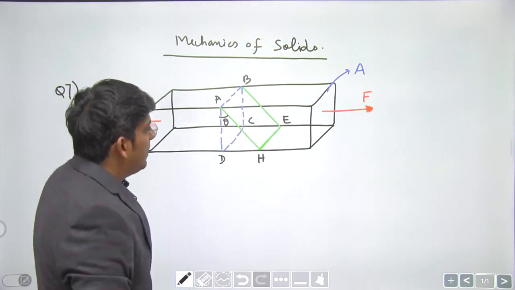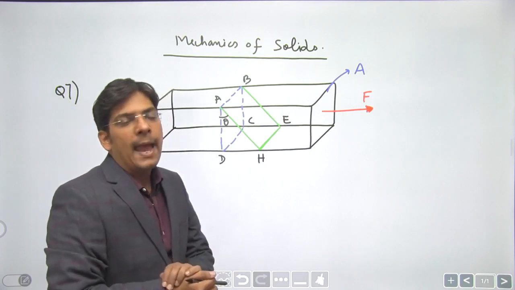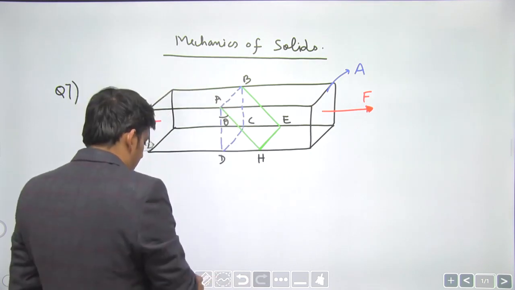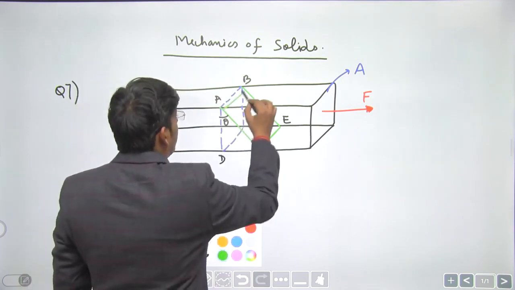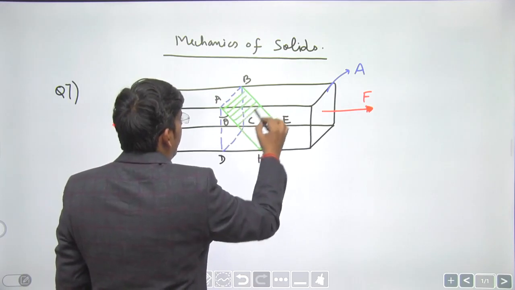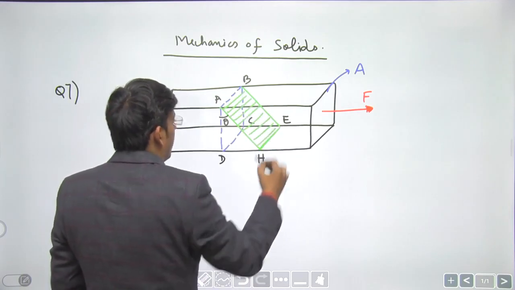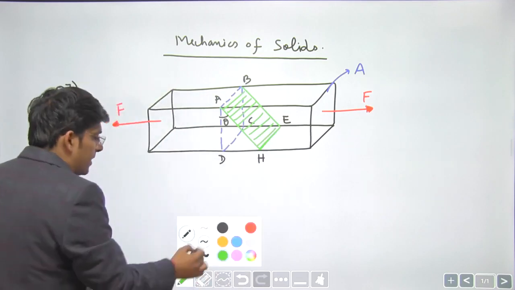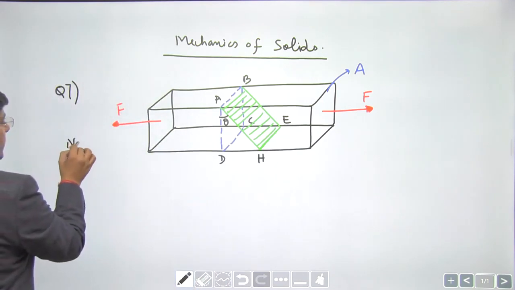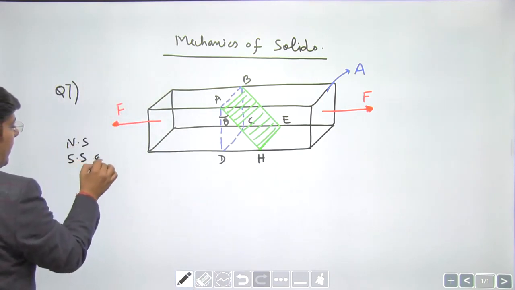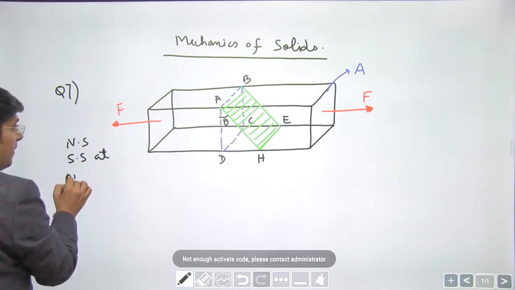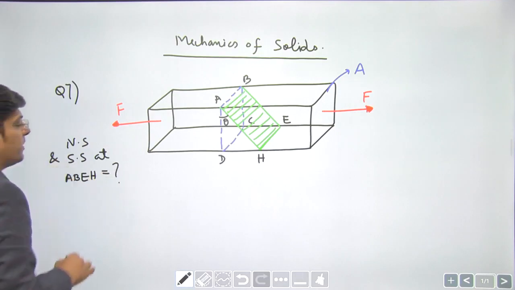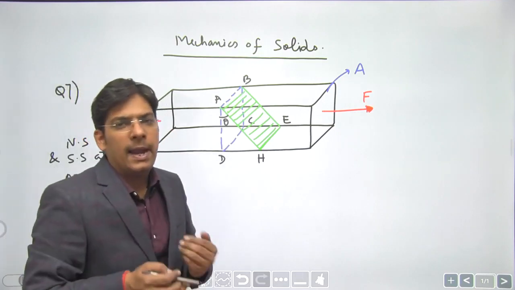Now you are asked to calculate the value of shear stress and normal stress on this plane ABEH, right dear students, and for what value of theta it is maximum. So the question is normal stress and shear stress at plane ABEH.